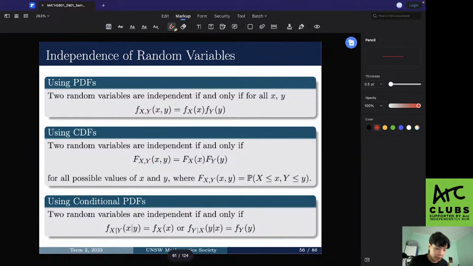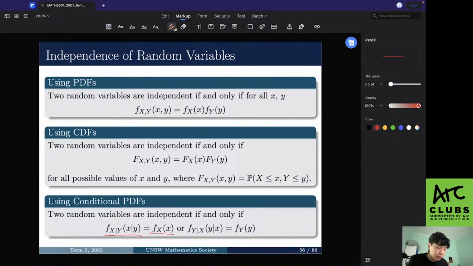And the last way is using conditional PDFs. So we have the function f of x given y, and that's equal to f of x. Well, obviously, this would be true if they were independent. What this says is, no matter what y value you choose, our f of x is going to be the same.